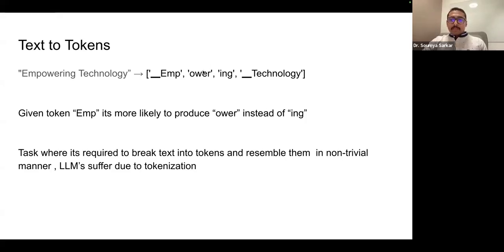Because it is seeing this kind of data distribution, tasks where you need to break these tokens and then reassemble them based on some custom idea often lead to non-trivial output. So let me show you some examples for that.